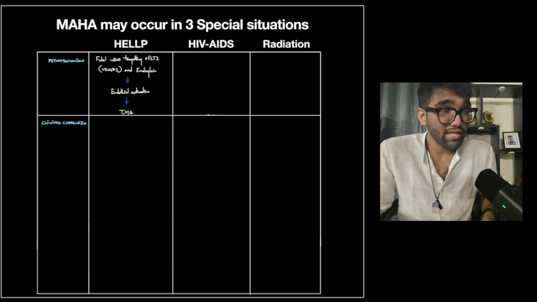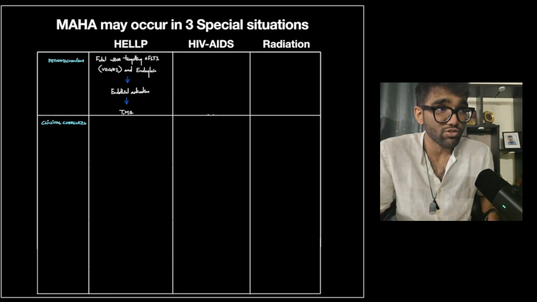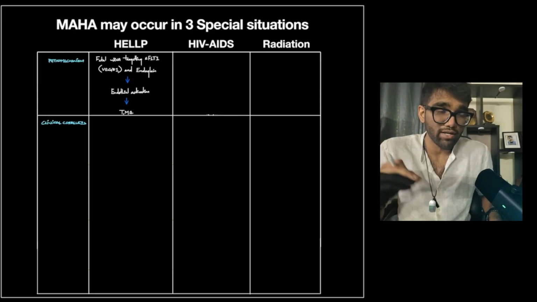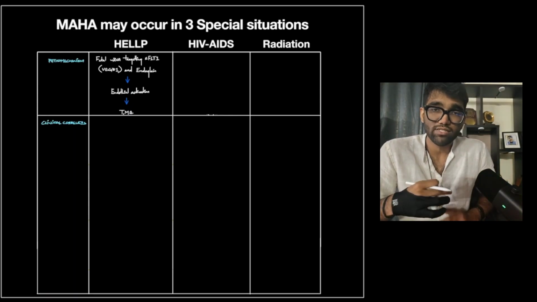Okay, now in case of HELLP, what ends up happening is you have fetal mRNA targeting soluble FLT1, that is the soluble version of vascular endothelial growth factor receptor 1, and another protein called endoglin, which results in that mRNA getting into maternal blood and interfering with vascular endothelial growth factor binding to its receptor.